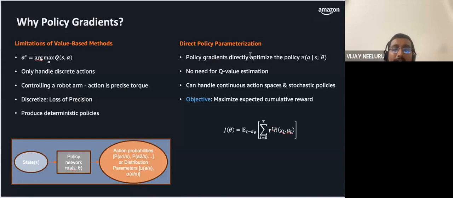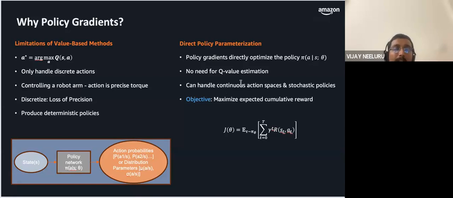Instead of learning values first, these methods directly learn the policy itself that maps states to actions. Given the state s, we apply the policy network to get the action probabilities, P(a1|s), P(a2|s), and so on, which maps states to a probability over the action space. Or it can learn the distribution parameters, defined as mu and sigma.